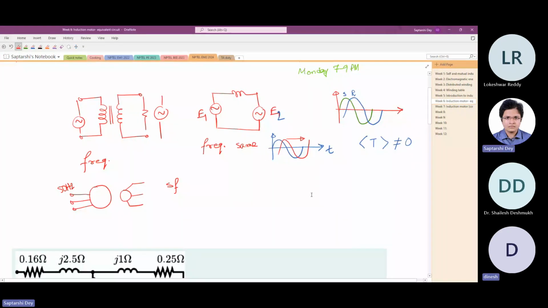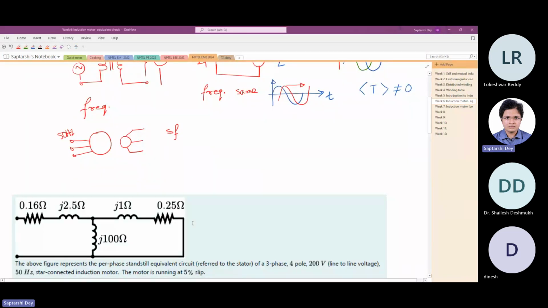So the problem appears when we are trying to derive an equivalent circuit for the induction motor. Physically, we can understand that there is power flow. But when you're trying to draw an equivalent circuit, electric circuit, definitely you cannot have two circuits operating at different frequencies. Then there will be no power flow. Then how at all is it possible to draw the equivalent circuit of induction machine? Frequencies are different in the two circuits.